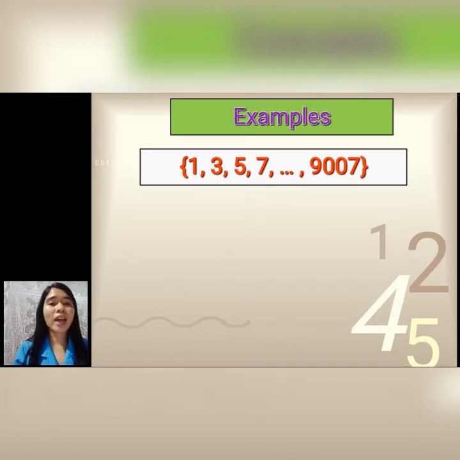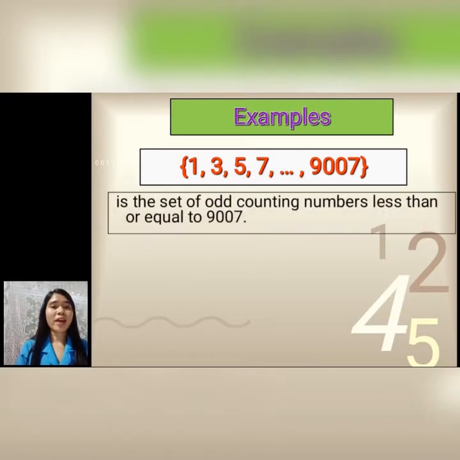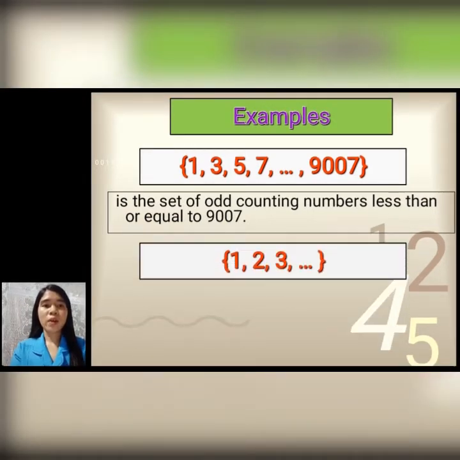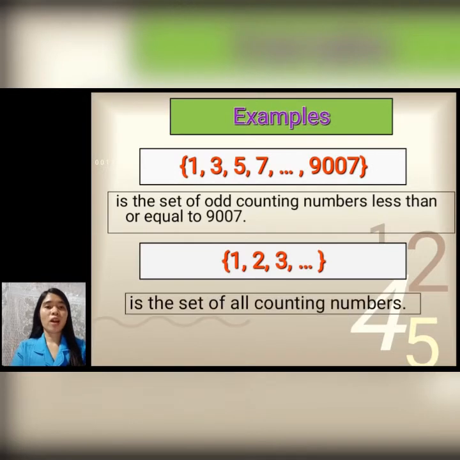How can we write it in a sentence? We write it as the set of odd counting numbers less than or equal to 9007. Next example, we have braces with elements 1, 2, 3, and so on and so forth. How can we write it in a sentence? It can be read as the set of all counting numbers.